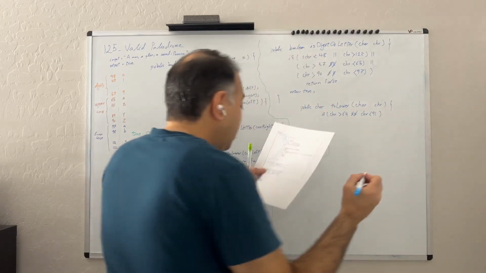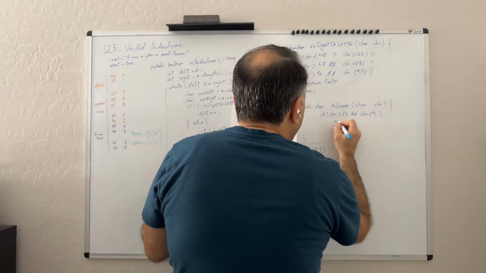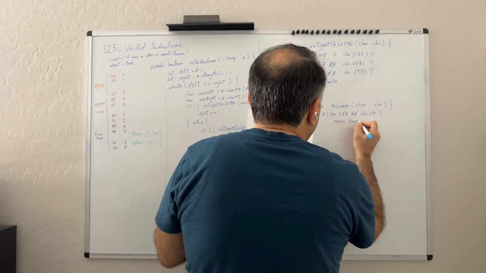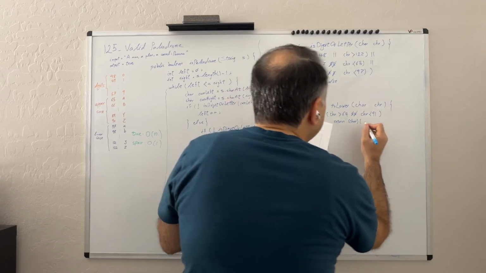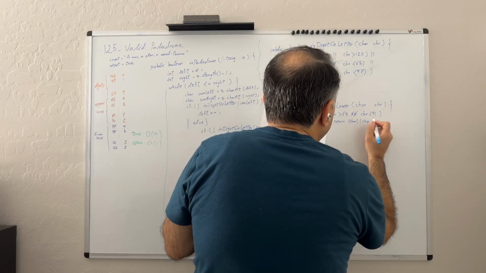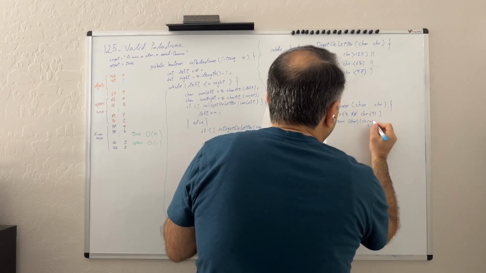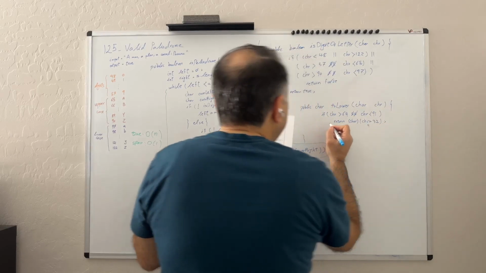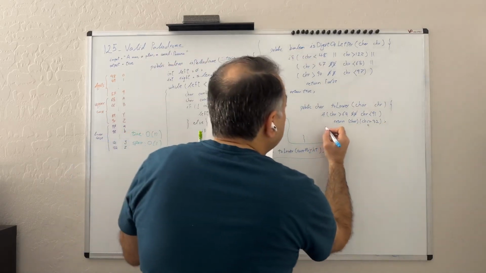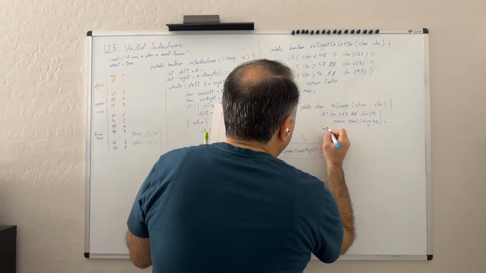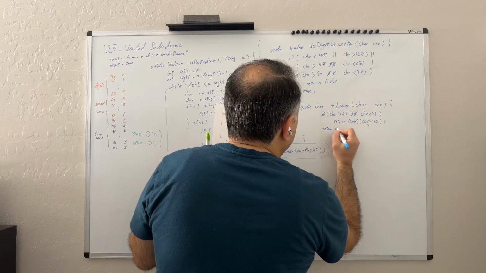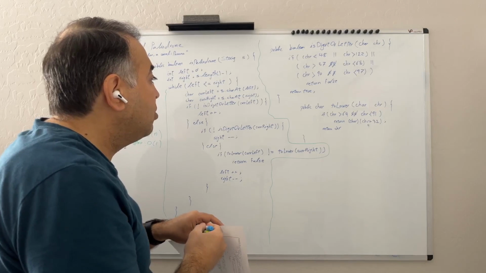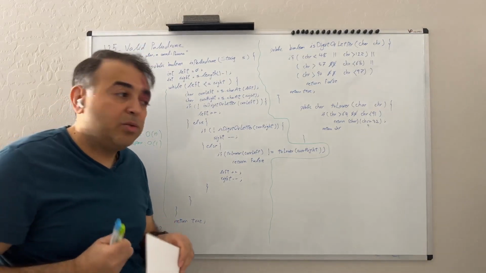If the character is in the boundary, I just need to add 32 to the value of that character. In the other case, I just return what we receive. So this is the method that we need to change the character from uppercase to lowercase.